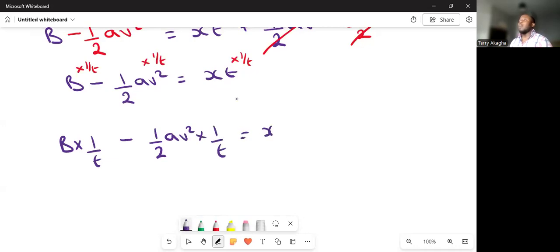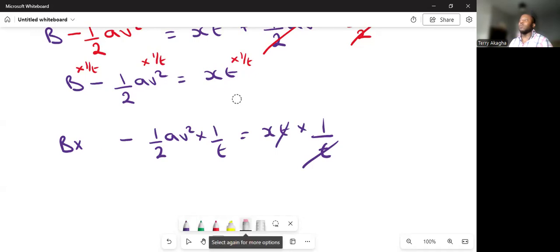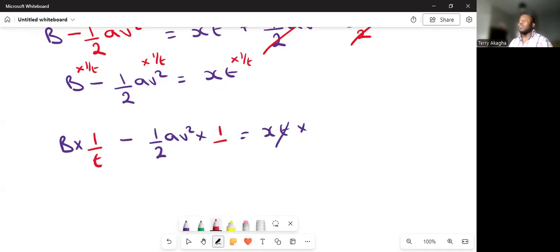It's going to give me xt multiplied by 1/t. So the t will cancel this t. Let me put this in red so you understand that this is what I'm referring to: 1/t, 1/t, and 1/t. Okay. So this will cancel this.